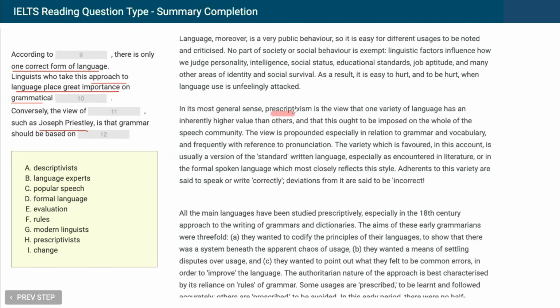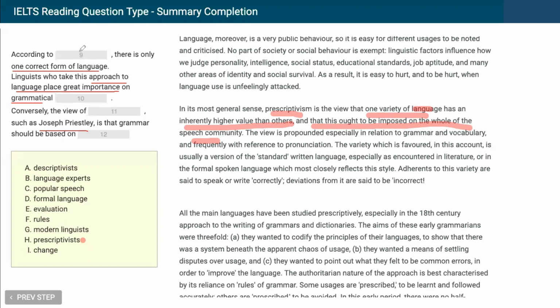And I see prescriptivism, which is similar to one of our words here, H, prescriptivists, is the view that one variety of language has an inherently higher value than others, and that this ought to be imposed on the whole of the speech community. Wow. So just by finding language here, I think I found the answer to number 9.